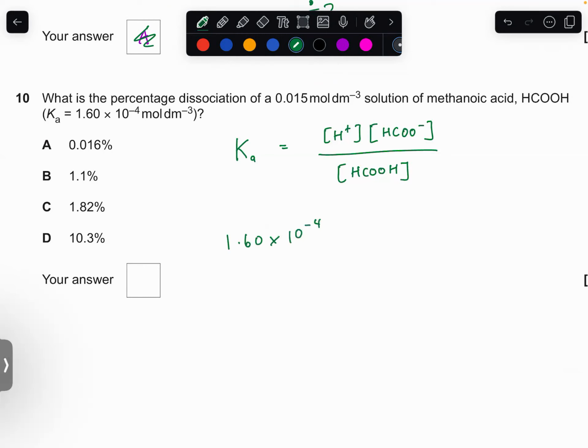We're going to multiply this by the concentration, and we then take a square root to work out the concentration of H+ ions.